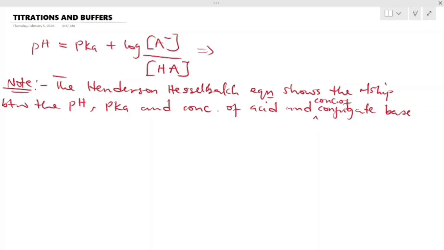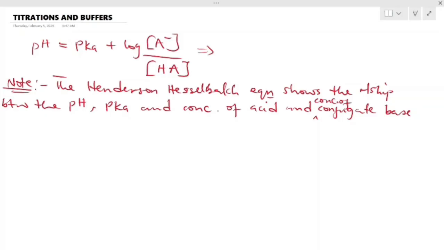So if you have this equation and you have three of these parameters, say you have the pKa or the pH, or the concentration of the conjugate base or the concentration of the acid, and you are left to find just one parameter, you are able to easily find it by applying this equation.